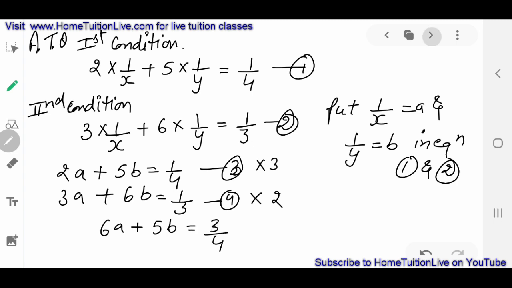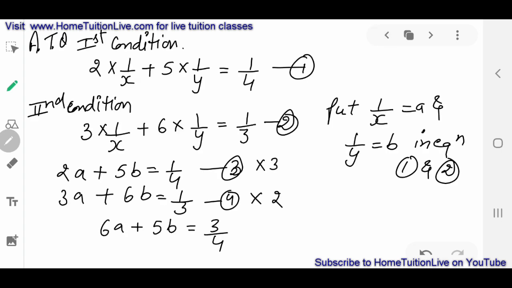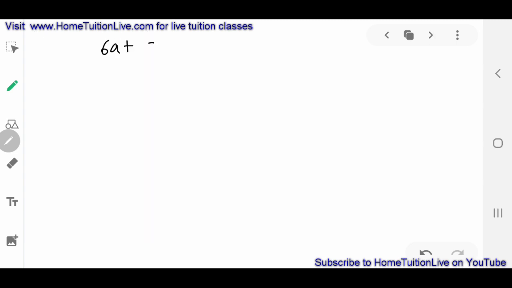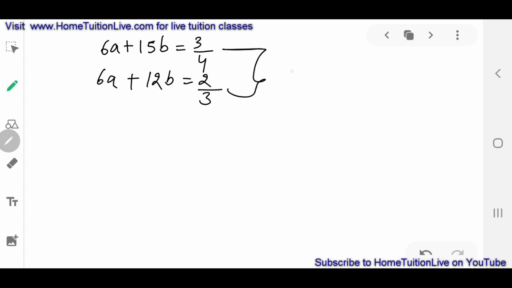I am writing this equation again on this page. 6A plus 5 times 3 is 15, so 15B equals 3 by 4. And the second equation we get is 6A plus 12B equals 2 by 3. Now subtract these equations.